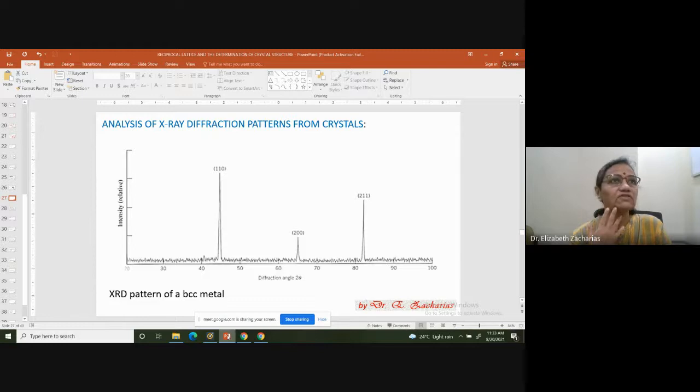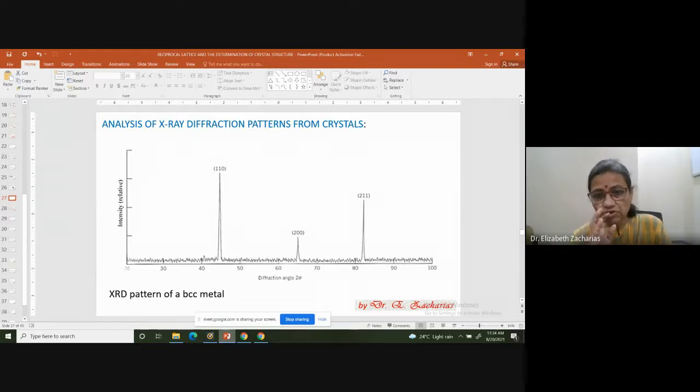Then what else can be asked? Anyone? What else can be asked? What we are going to do today also can be asked. This is going to be analysis of X-ray diffraction patterns from crystals. When I'm talking of different types of crystals, like simple cubic, BCC, FCC, etc., you must know where the atoms are placed.